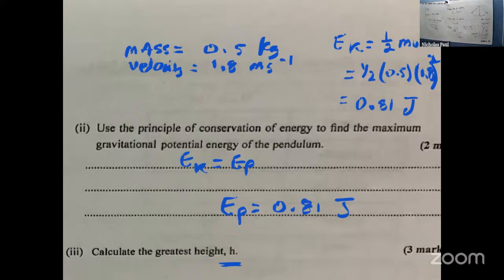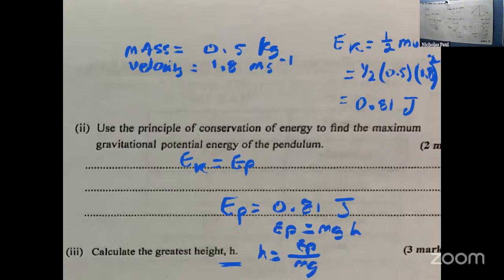Alexi, help us out. What's the formula you use? You said potential energy is mass by gravity by height, and height is the potential divided by mass by gravity.